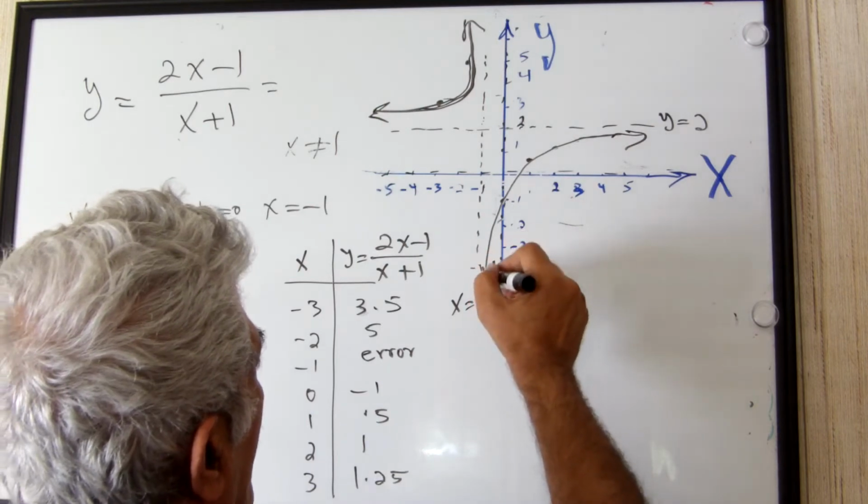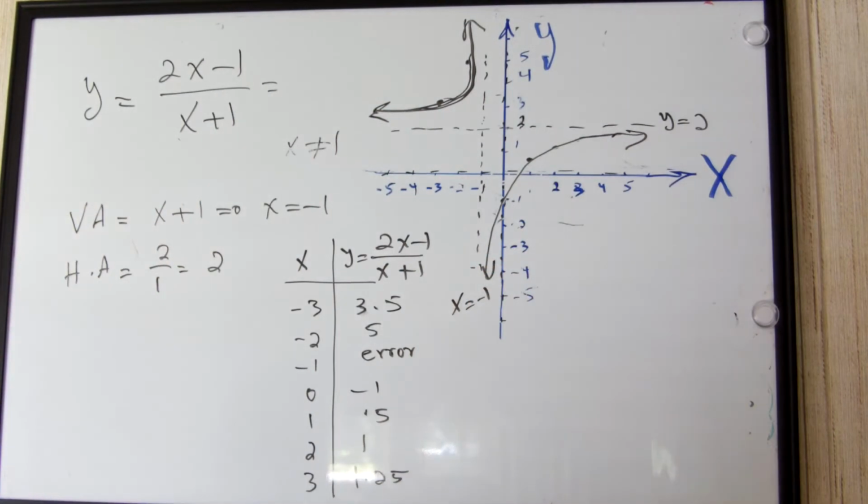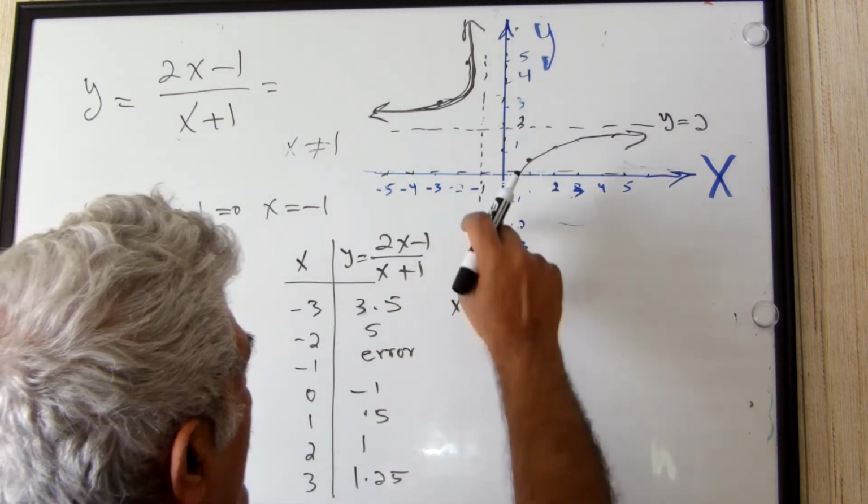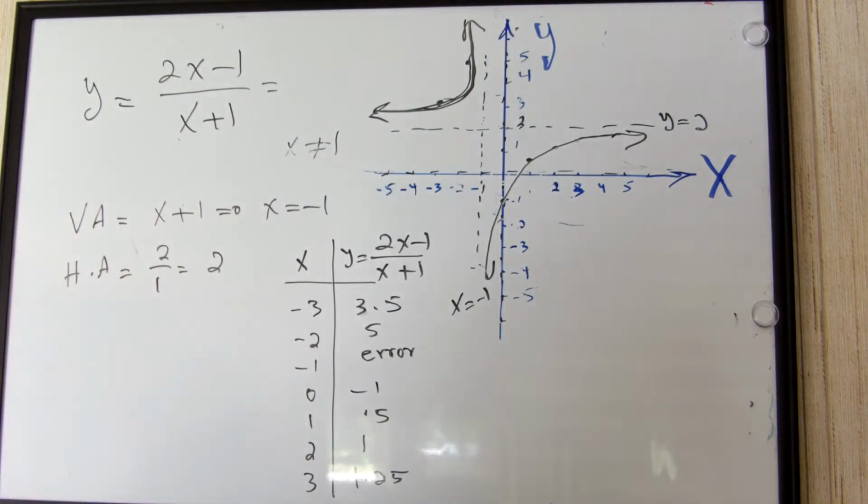It never gets to -1; it gets so close to it, but it doesn't get there. So that's the way to write it.